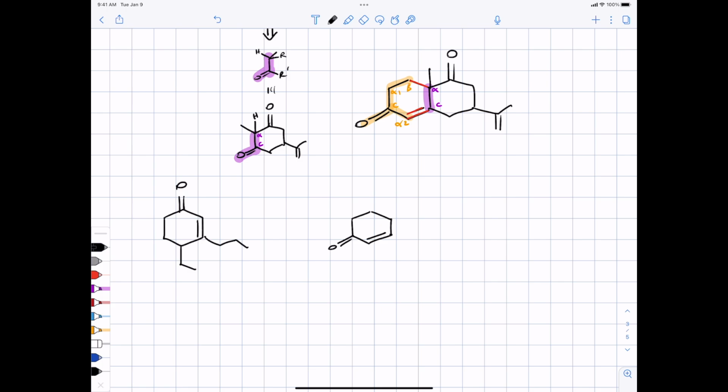And then sort of fill everything else in from that, which I'm struggling to do now, actually. Something like that. And at this stage, then, here is the alpha beta unsaturated carbonyl compound. Here is your Michael acceptor. These are the two bonds that you made.